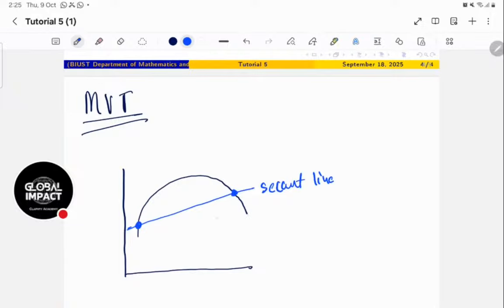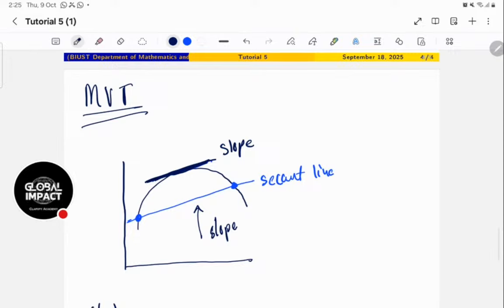What you must know is that somewhere along the curve, there is a point where its slope is going to be the same as that of the line. That's the only way the line would cut the curve at 2 positions. The curve is going to curve somewhere, and at one of the values where it's curving, it will have a slope. The slope of the curve will be the same as the slope of the line.